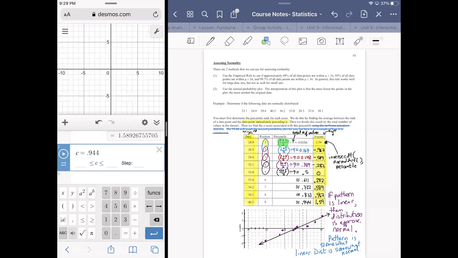But next time we're going to start off talking about Excel and Google Sheets. I'm going to show you how you can do all of the graphical stuff, histograms, this type of plot, and some other kinds of plots that we're going to cover moving forward, which are going to make things a whole lot easier.